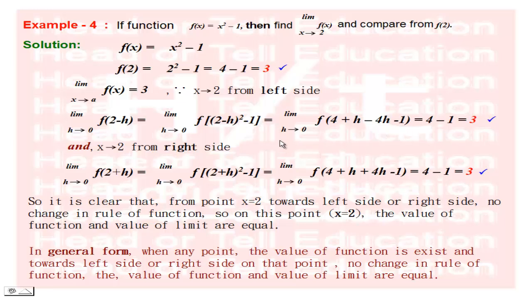Now we put h equal to 0, so we have 4 minus 1 equal to 3. So the left side limit value is also 3 for this function.